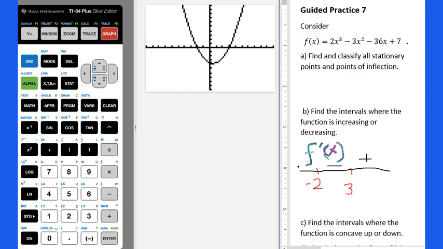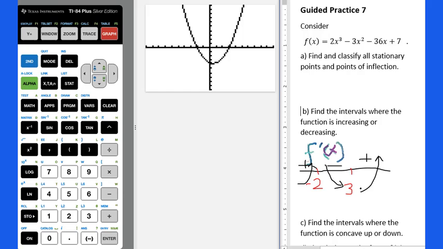So this is negative. When x is less than -2, it's positive. In other words, when x is greater than 3, it's an increasing function. When x is between -2 and 3, it's a decreasing function. And when x is less than -2, it's an increasing function.